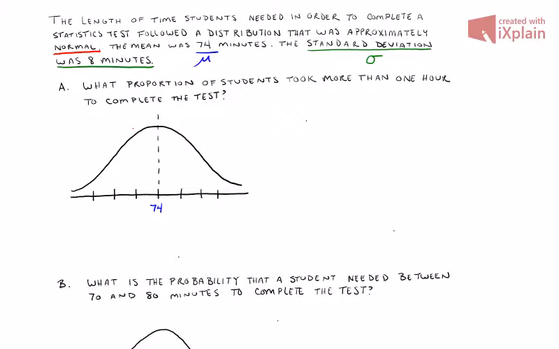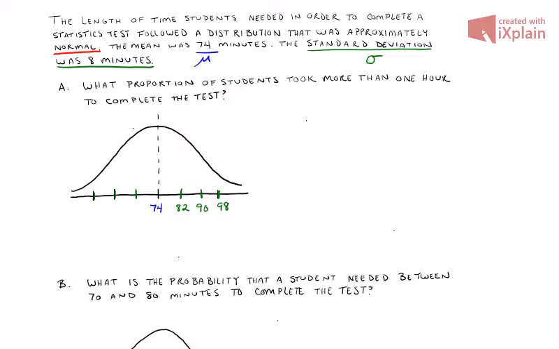As I go through here, in order to fill out these tick marks around the mean, since we know that the standard deviation is 8, for the tick values that are above the mean, in other words to the right, I'm going to add 8 to everything. So our first one would be 82, then 90, then 98.